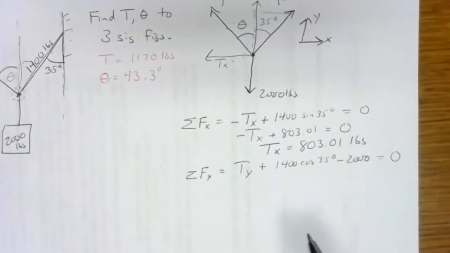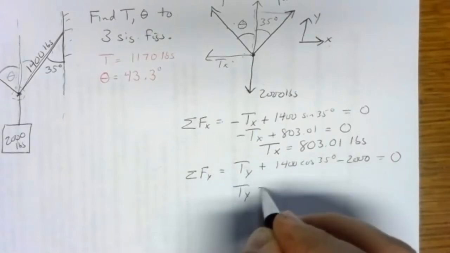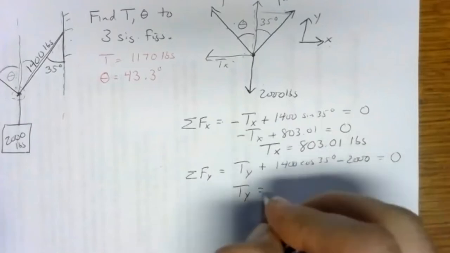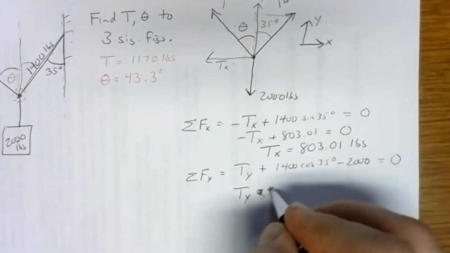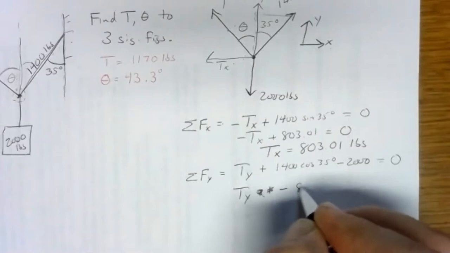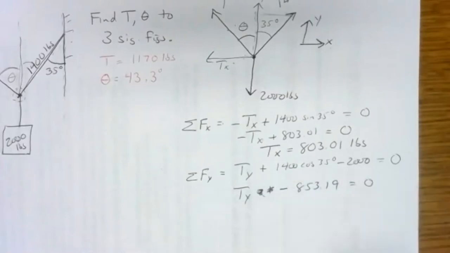So Tx is 803.01 pounds. For the y direction equation, we need our 1,400 cosine of 35 minus 2,000. That comes out negative 853.19. That equals 0.